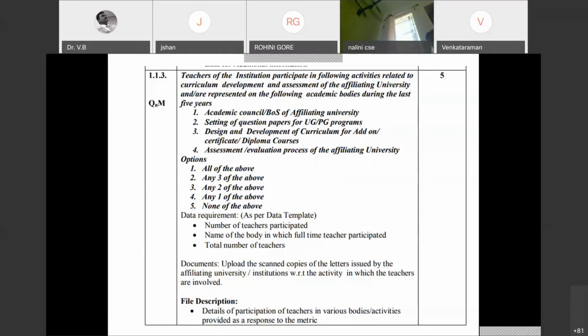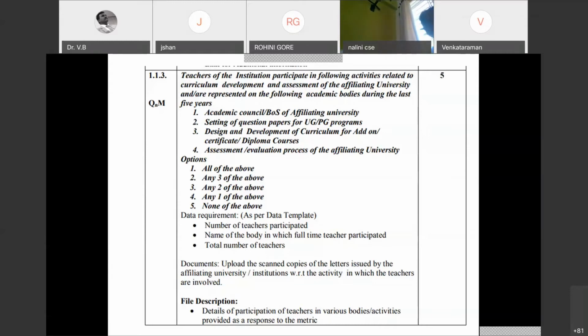I can say that my staff are there in the academic council or BoS of the affiliating university. For example, if my institution is affiliated to VTU, Visvesvaraya, then only if any of my staff members is there in that board of studies or their academic council, my answer would be yes for point number 1.